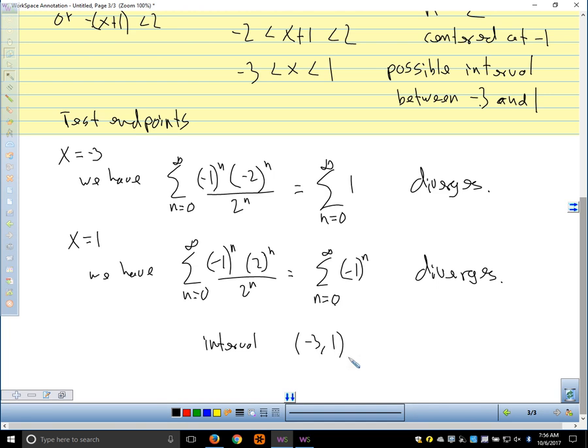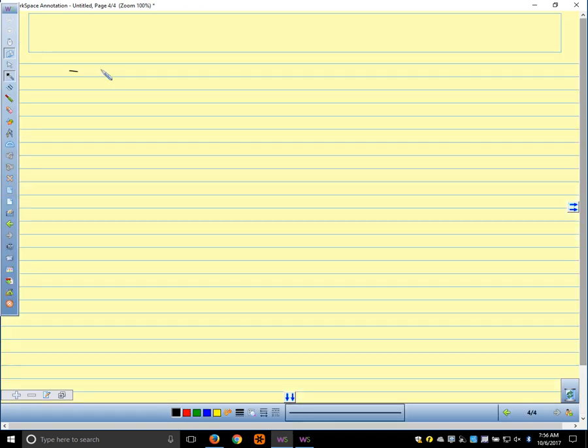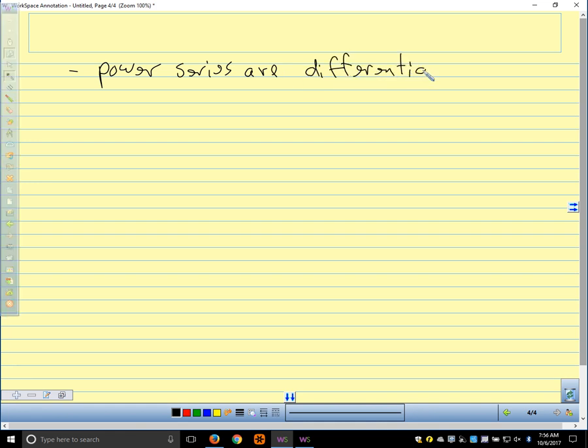All right, so a couple of things that we can do with power series. Power series are differentiable on their interval of convergence.